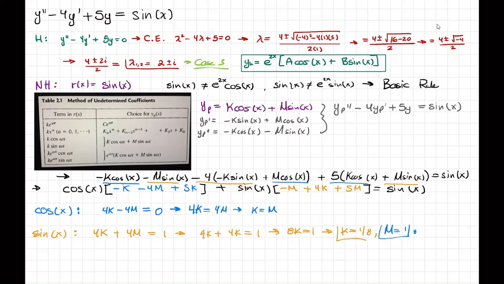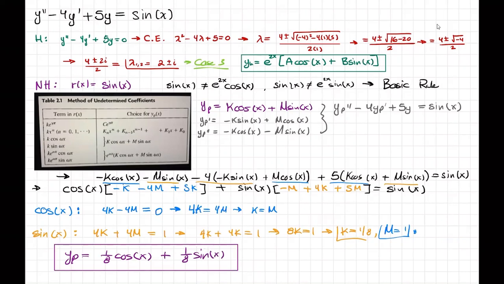And then we can write our solution, yp, it's equals to 1/8 cosine of x plus 1/8 sine of x. So this is our non-homogeneous solution for this problem.